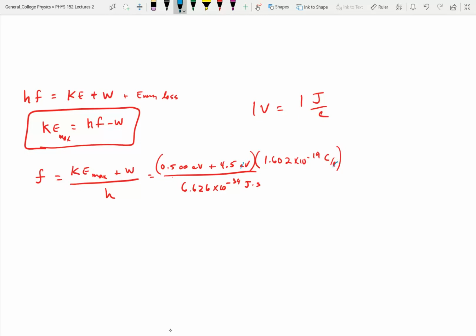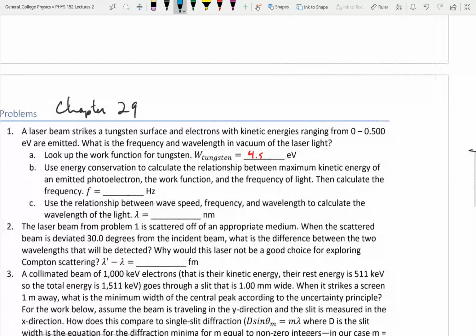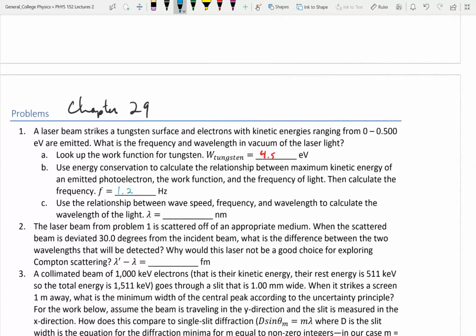And then my coulomb and volt will cancel, and I have joules on top. And so it's going to give me my frequency in hertz. So when I pop that into the old calculator, I get 1.21 times 10 to the 15th hertz. So that's the frequency of this laser beam.